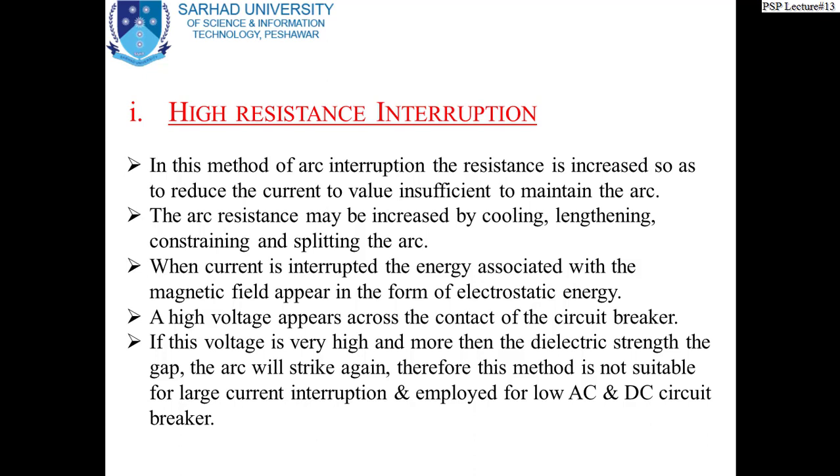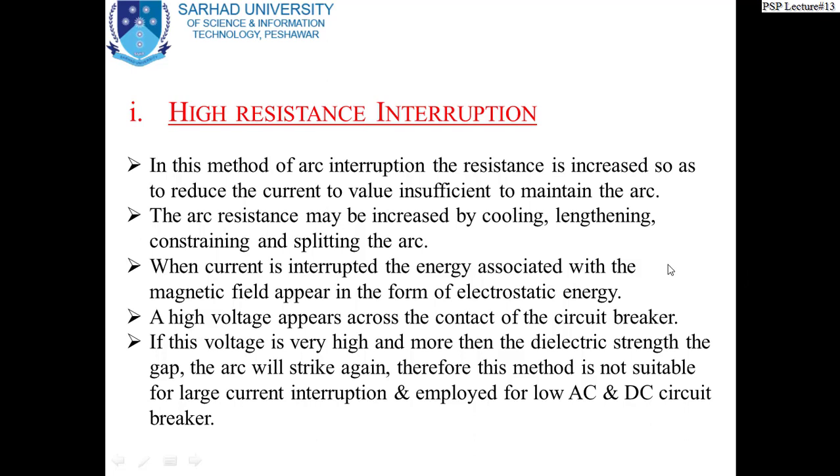It means a lot of heat in the circuit breaker is produced. This arc is a resistive part for the current to flow. Unless and until the arc is extinguished, the current continues to flow in this particular arc.